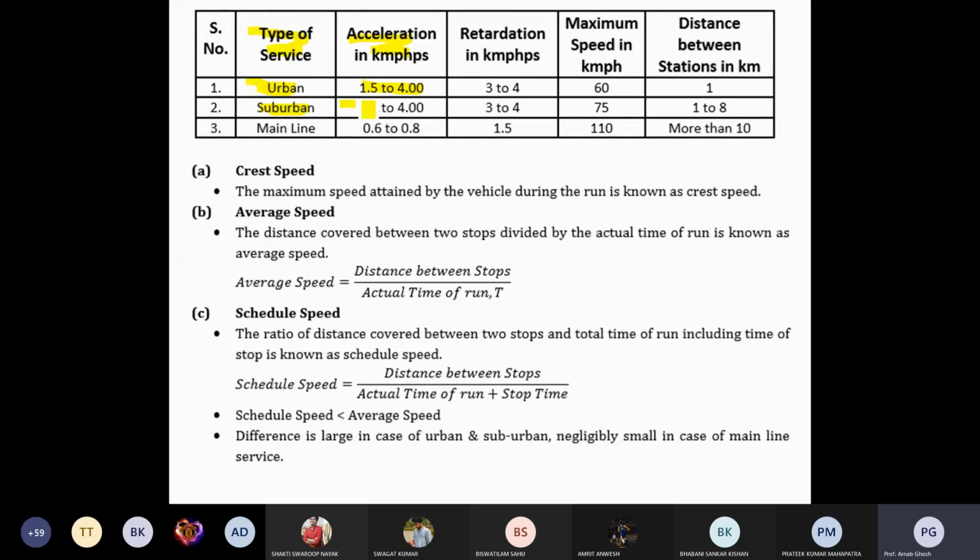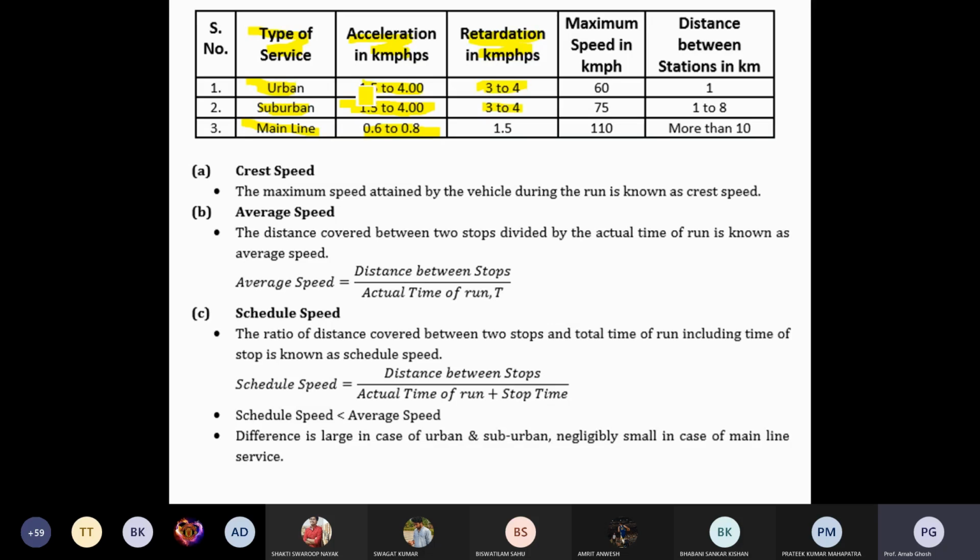Retardation is higher in urban and suburban, more or less 3 to 4 in both cases. Urban means, for example, EMU, and suburban means MEMU, which is a longer route but not like the mainline service. Maximum speed is 60 for urban, and for suburban the maximum is 75. So that's the difference.